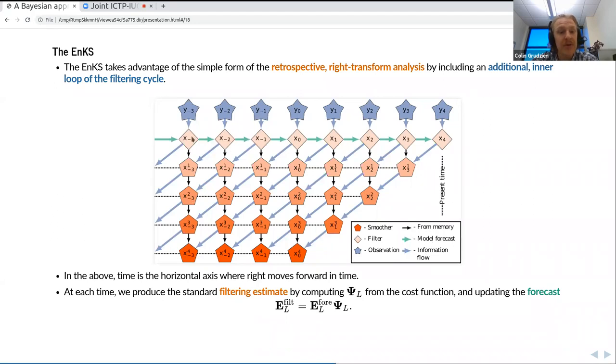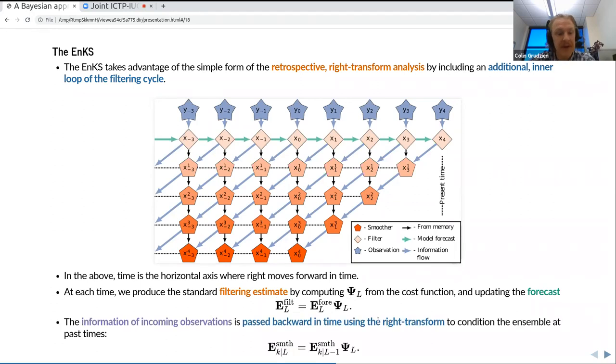If we produce a filtering estimate, the way the ENKS works is that once you've produced this ensemble transform, one can take the information from observations and pass it backwards in time using the right transform to condition the past estimates as we update these posterior estimates.